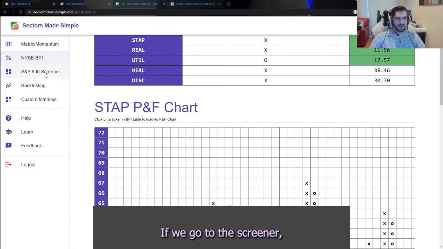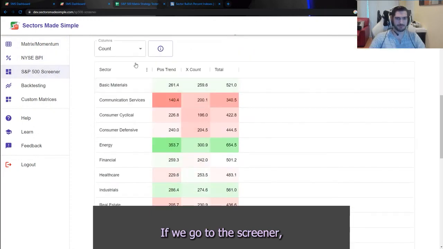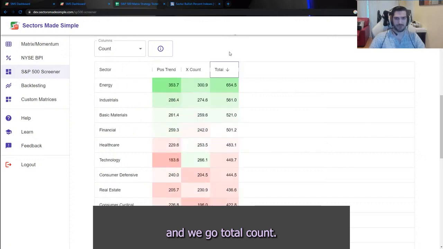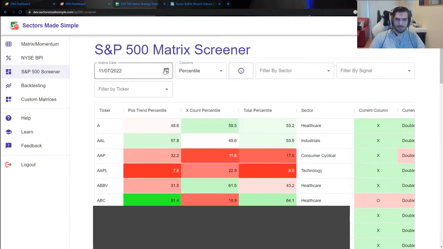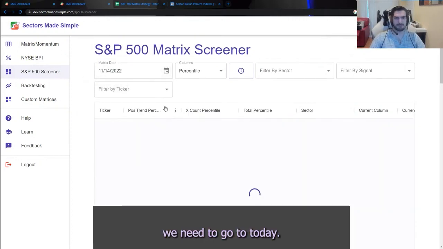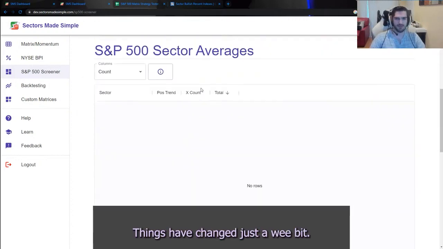What do we find if we go to the screener, we sort by count, and we go total count? We need to go to today. Things have changed just a wee bit.